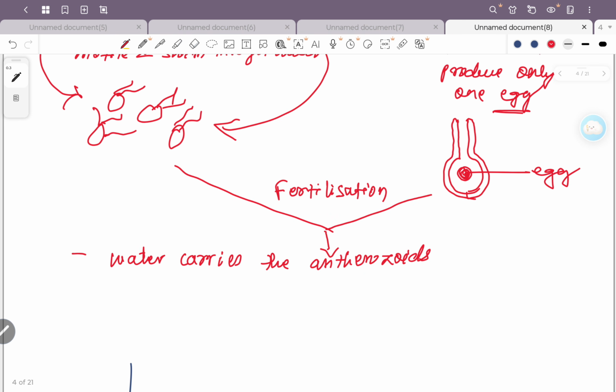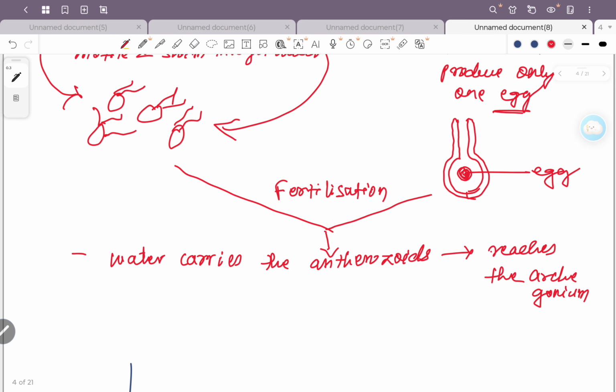They have flagella, so with the help of flagella, they can move very easily in the water. Okay. Now this antherozoid reaches the archegonium.